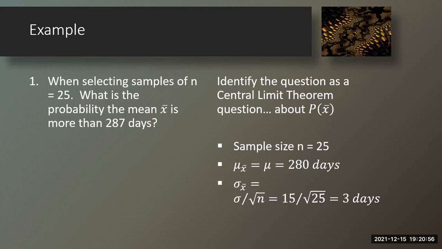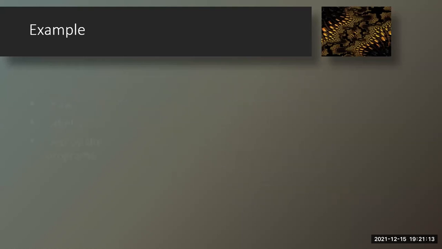It's that, what is the probability that the mean is more than 287 days? The mean. And if you don't pick up on that word mean, you'll probably end up doing the second question.